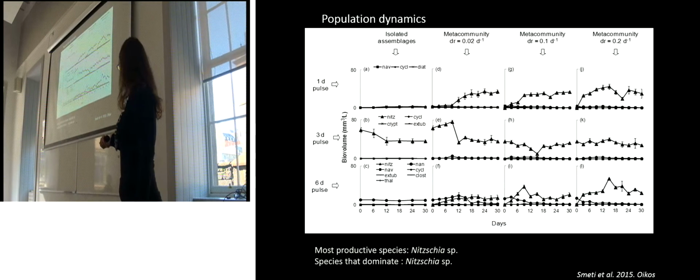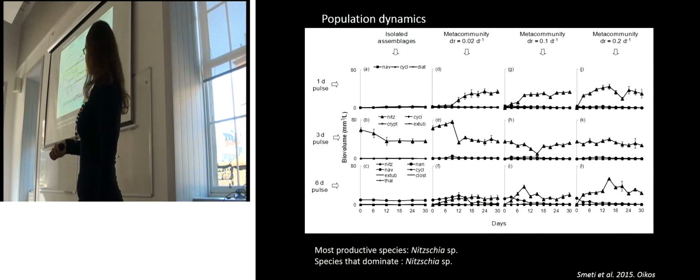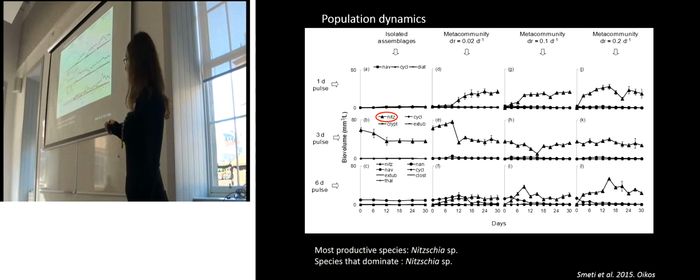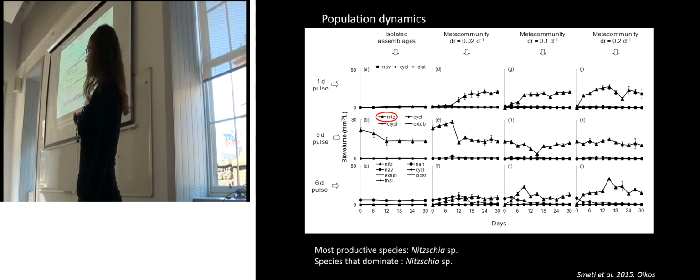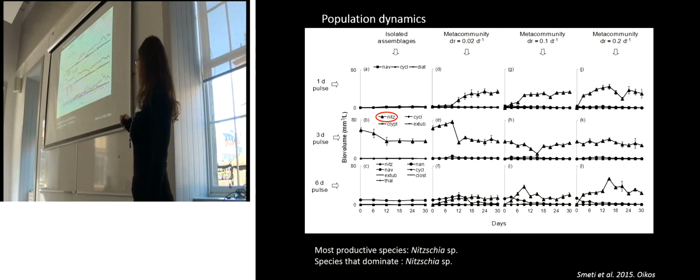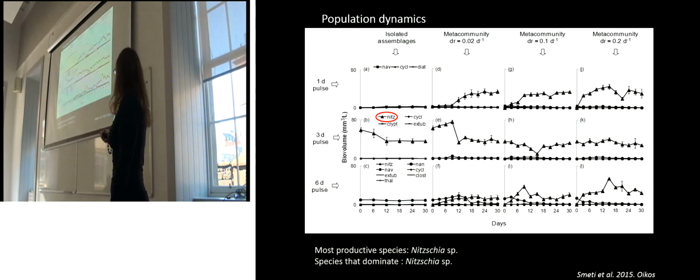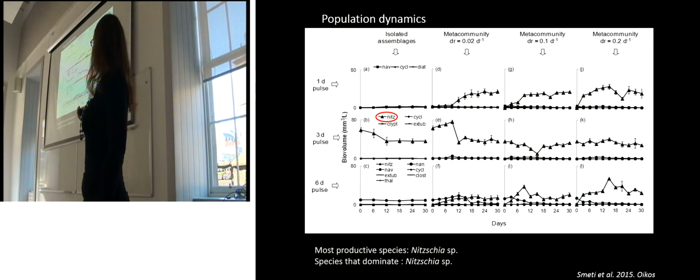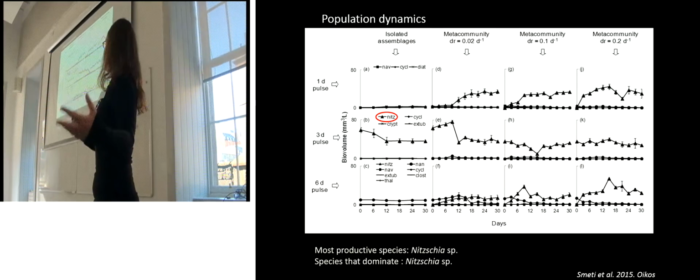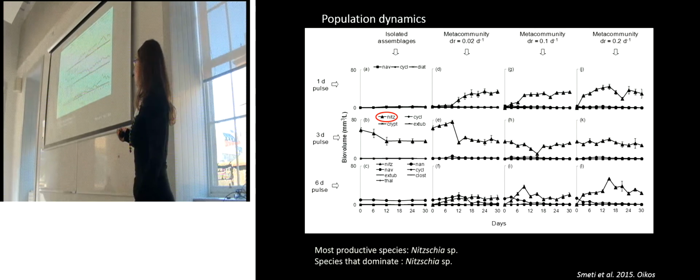As you can see, our most productive species was an Itzia species, a diatom, that actually after dispersal, after connectivity, dominated across all the metacommunities, across all the local systems. But this species was actually in our initial species pool, but could dominate only here.